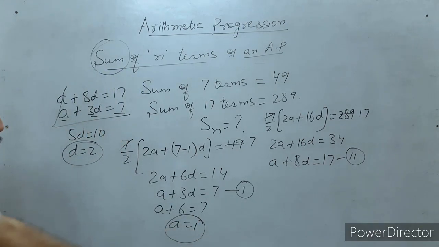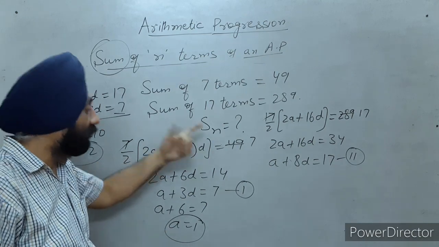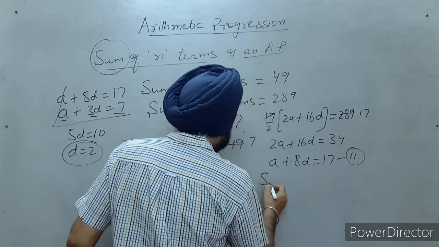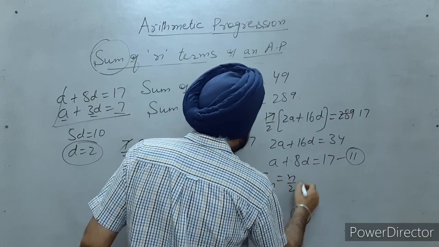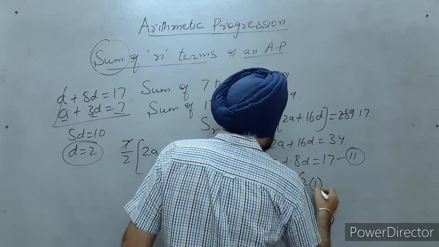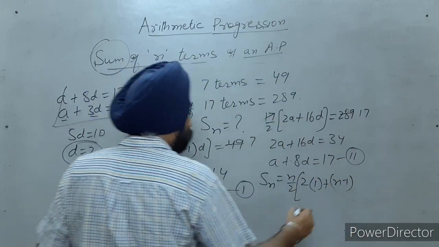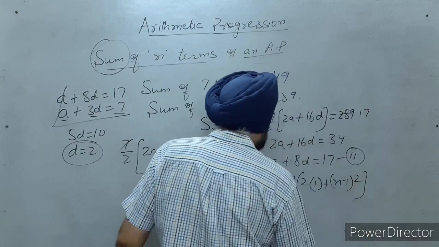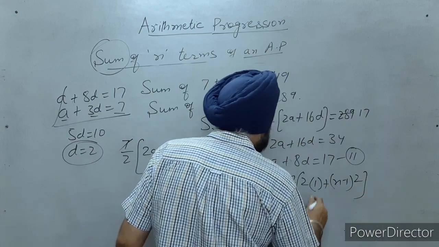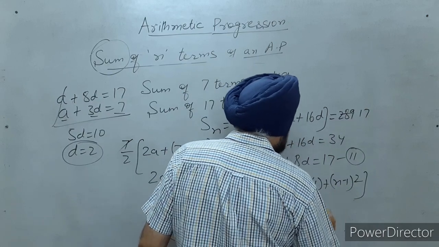Now the value of a is 1 and d is 2. I need Sn. The formula is Sn is n by 2 into (2 into a, which is 1, plus (n minus 1) into d, which is 2). Just sort it out. n by 2 into (2 plus 2n minus 2): the 2 and minus 2 cancel, only 2n is left.